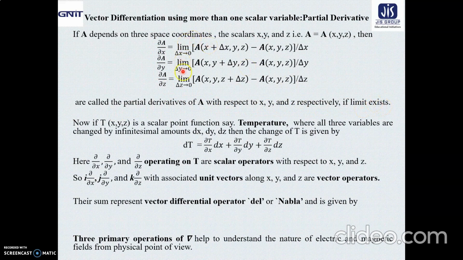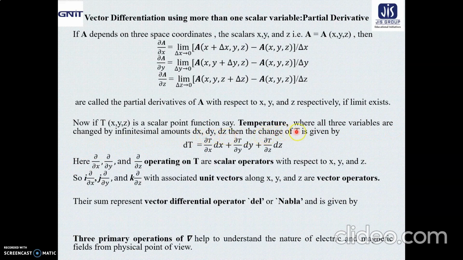Now, if we consider T(x, y, z) as a scalar point function, say temperature, here we consider A(x, y, z) as a vector point function. Here we are considering T(x, y, z) as a scalar point function, say temperature, where all three variables are changed by infinitesimal amounts dx, dy and dz.